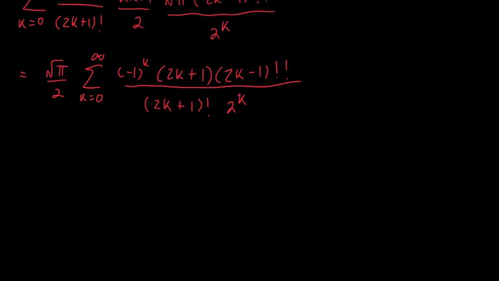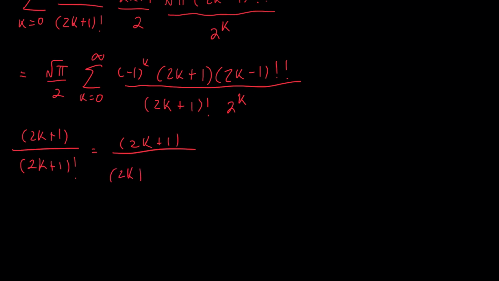And we could simplify 2k plus 1 over 2k plus 1 factorial as 2k plus 1 over 2k plus 1 times 2k factorial, but that cancels, so we're left with 1 over 2k factorial.